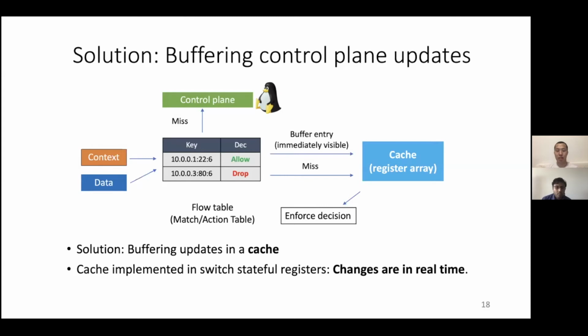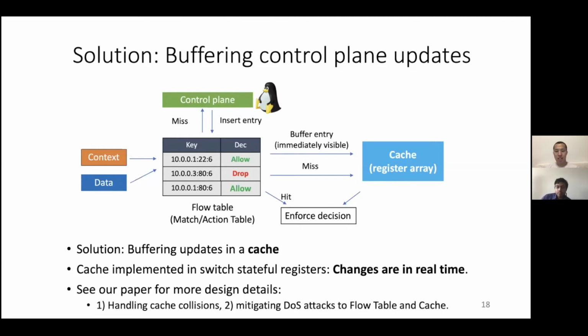Then we know how to process that. So in this short window, we have the cache as the backup. We don't have to worry if the match action table is empty. After maybe 1 millisecond, the table is populated and other following packets won't have to go to the cache. They can directly go through the table and enforce the decision.